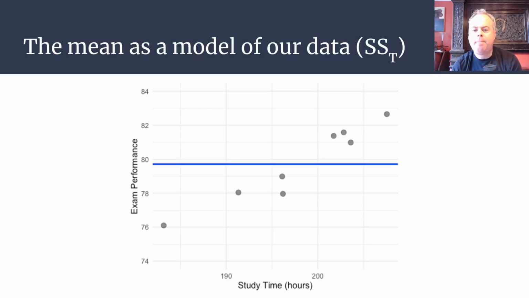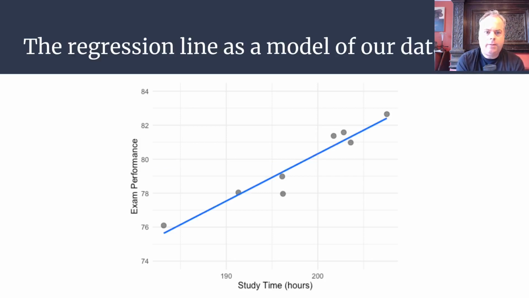So here is the mean as a model of our data. You might not have thought about it in this way up to this point, but one particular way of modeling our data is actually in terms of just the mean. So we can draw a horizontal line corresponding to the mean of the data set that we have.